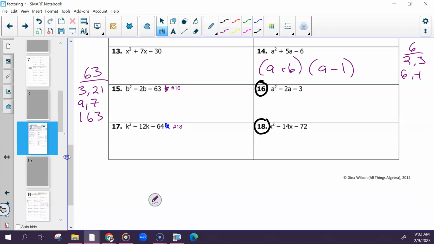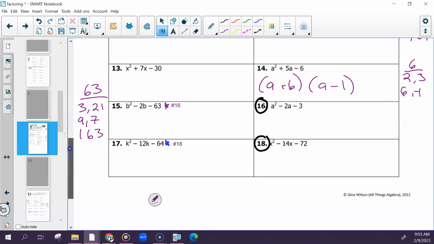Something else to help you with factors: you can add up the digits and if it's divisible by 3, like 6 plus 3 gives us 9. 9 is divisible by 3, so it's going to be divisible by 3. So that might help you.